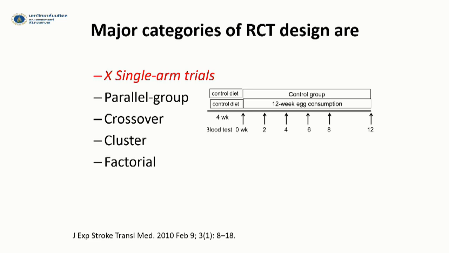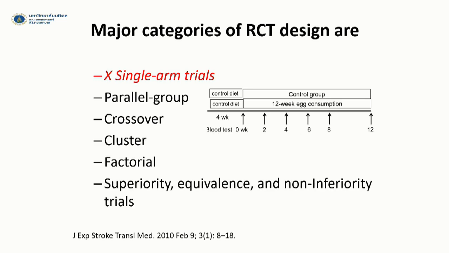Like you study one community, the way that they eat, the way they exercise, comparing to another village, for example. It's called a cluster design. And factorial design that I mentioned to you before, you can combine medication A alone, medication B alone, and combine A and B together as the fourth group.